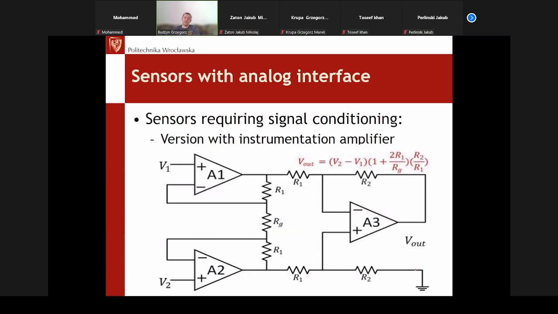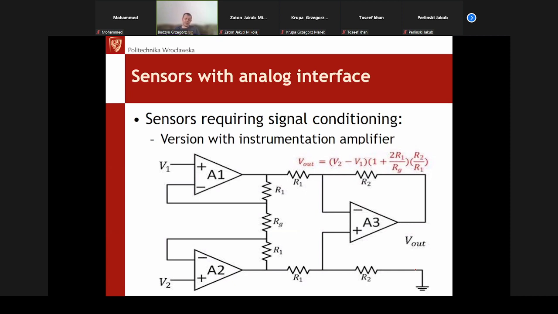Instead of using op-amps, a method that is sometimes used, and not that bad, especially in case of differential bridges, is the instrumentation amplifier. The instrumentation amplifier is three amplifiers connected in the way that you can see on the slide, where there are two input buffers with the summing amplifier A3.